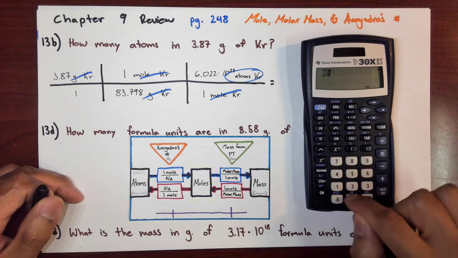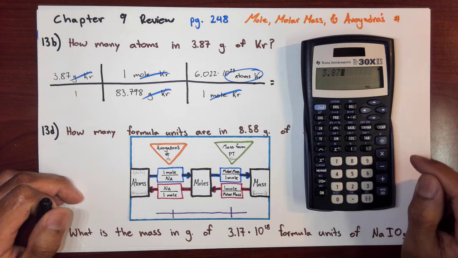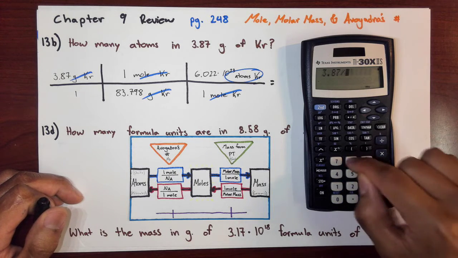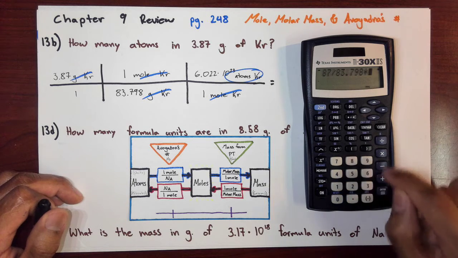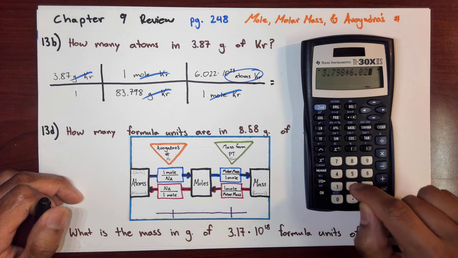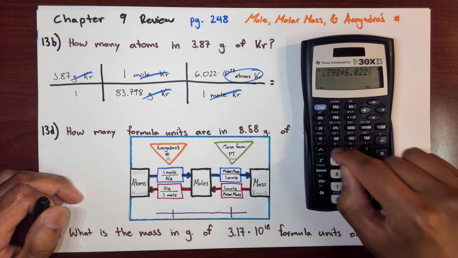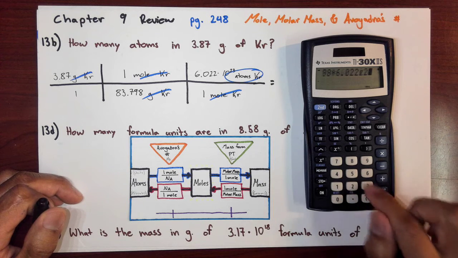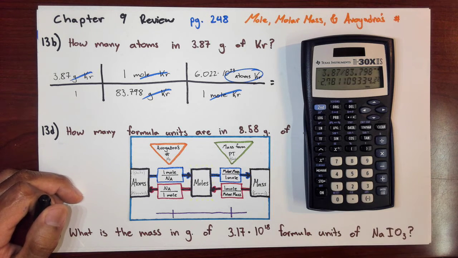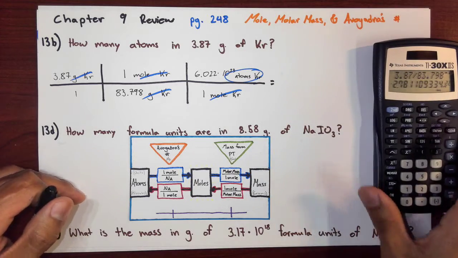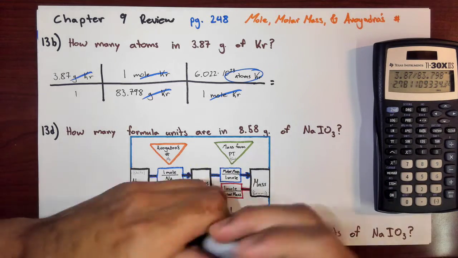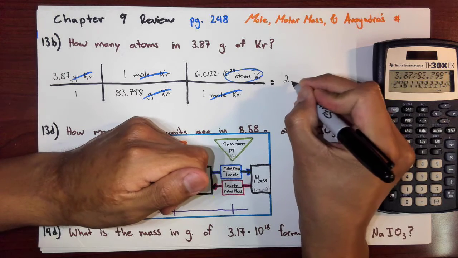Okay, so we start with 3.87 divided by 83.798 times 6.022 second E23. Okay, we go ahead and we do that, and we get an answer of 2.781. And let's go ahead and write that down.